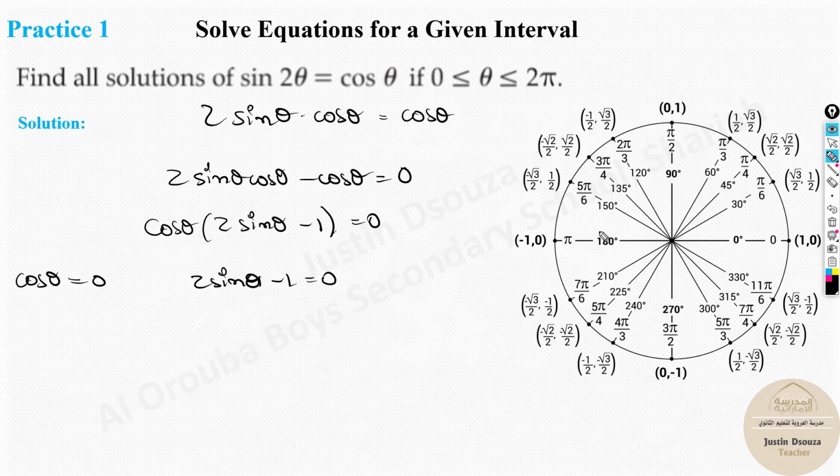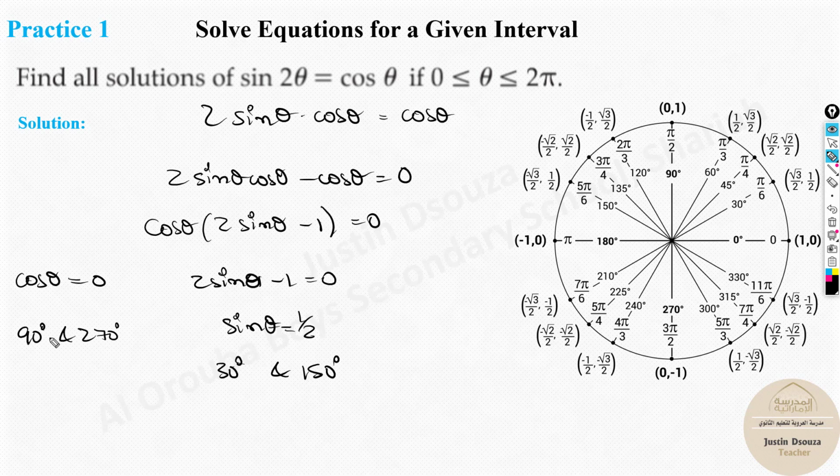Here it's until 2 pi, so it is 90. Yes, one answer is 90 degrees. When is cos theta 0? At 90 degrees and at 270 degrees. Now here we have sine theta equals positive half. When is it half? It is at 30 degrees and 150 degrees.